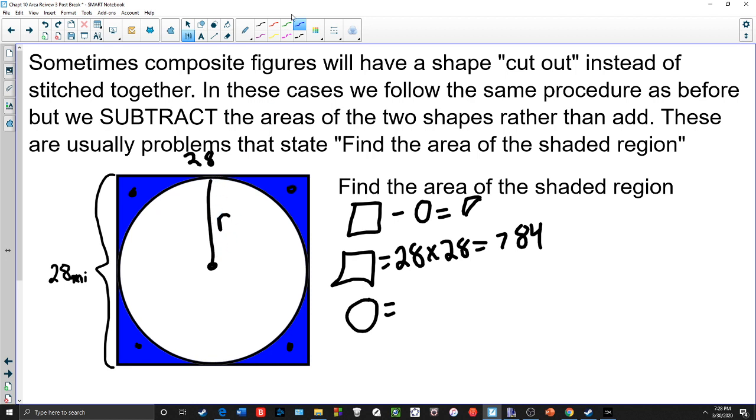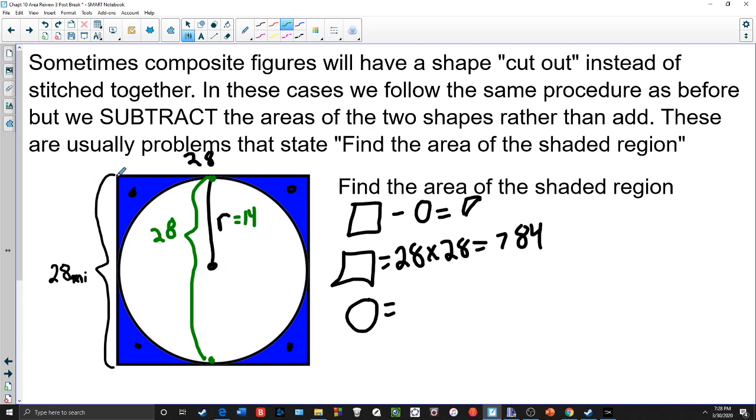If this distance here is r, and I know that from top to bottom fully is 28, right? So from top here to bottom here, that's 28. That means that this here has to be half that, which is going to be 14, because it's going from center to edge, not all the way across.